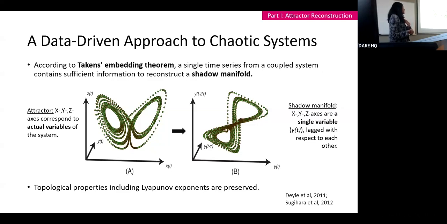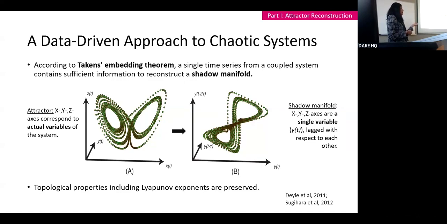Instead of finding the X, Y, and Z of the particular system you're trying to study, if you don't really know the underlying equations, you can pick a single axis, a single variable, just any index of your choice, and find lags, tau, where if you plot this with 0 lag and then a lag of tau and a lag of 2 tau on the 3 axes, you will end up with a shape that preserves the properties of the original attractor.